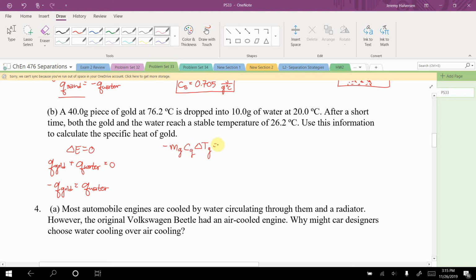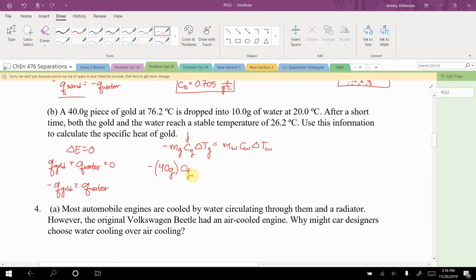And what's happening to my water? It's heating up. I think. Yep. So then I'm going to have M water, C water, delta T water. Okay, I'm trying to find the specific heat of my gold, so they should give me everything else. So I've got my negative sign, mass of my gold, 40 grams.